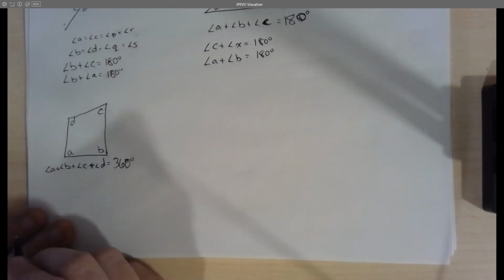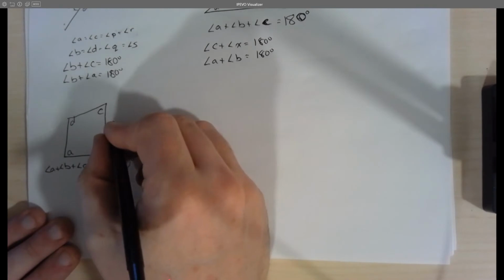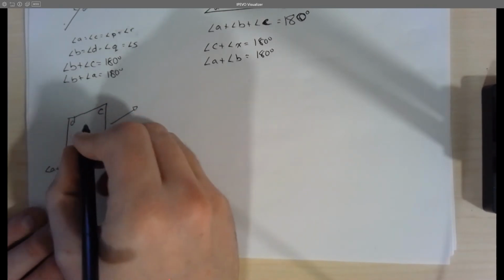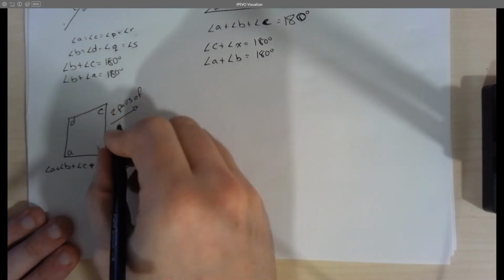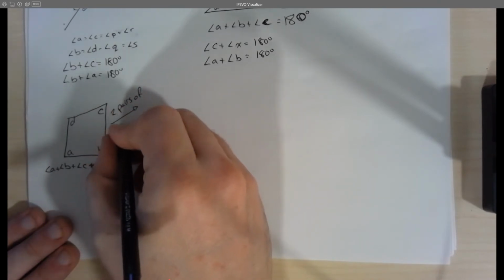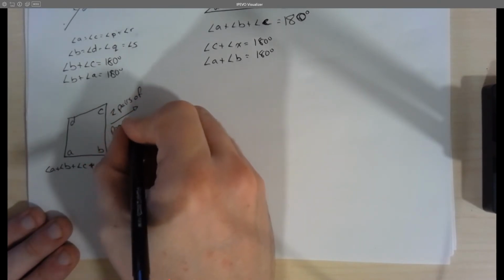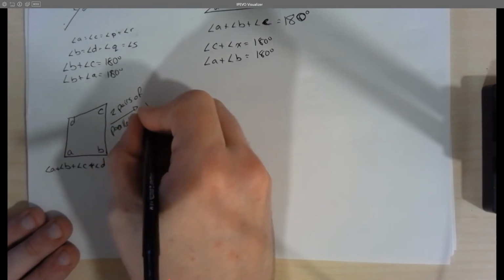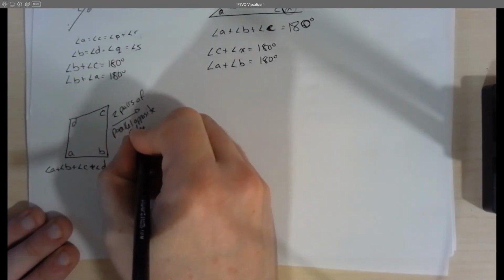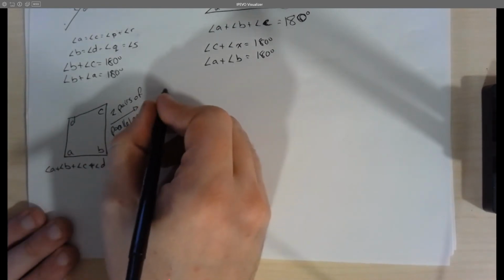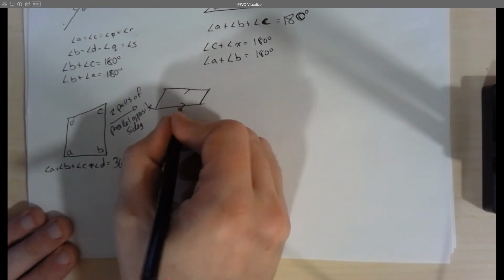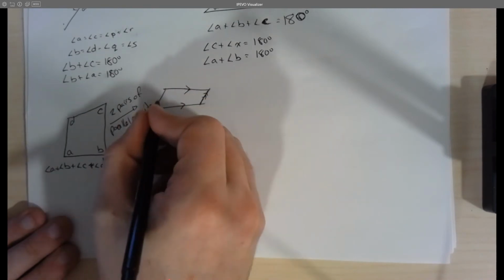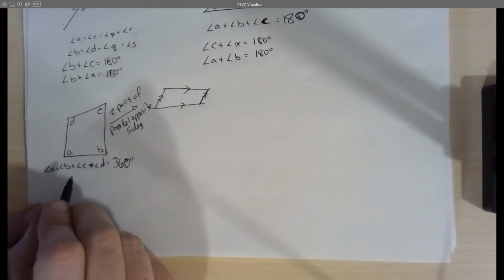That's the sum of those interior angles. Then we got to some special types of quadrilaterals. So here, if I had two pairs of parallel opposite sides, the word parallel should give it away. I have what's called a parallelogram. So parallel sides, and there's some interesting things about that.